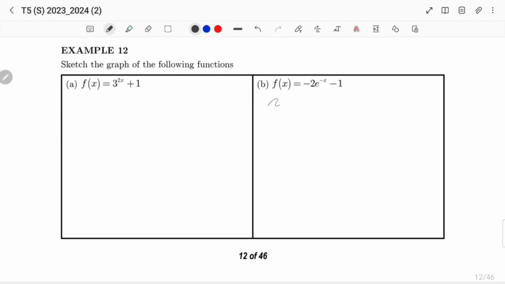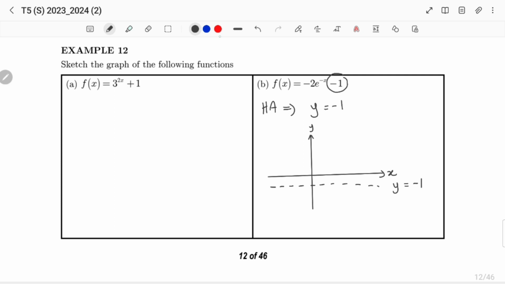First, we need to find the horizontal asymptote. So the horizontal asymptote is y equals negative 1, which is the term that is not the exponent. And then draw the y-axis and x-axis. And draw the horizontal asymptote, y equals negative 1.